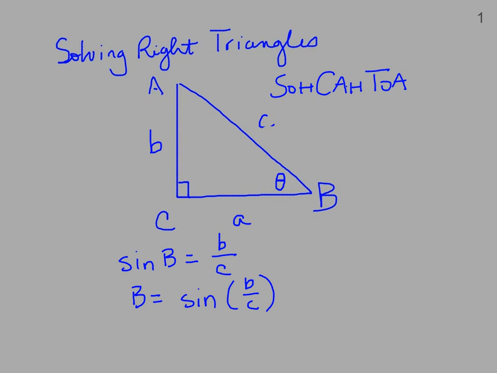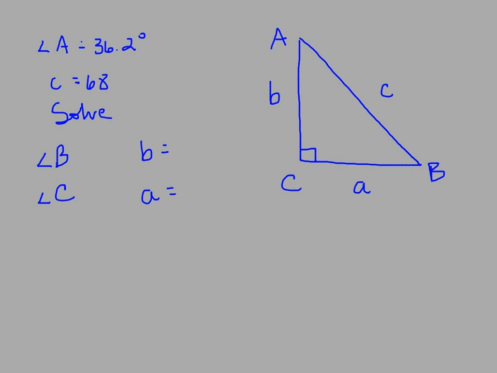So let's use this right now to help us to solve a problem. Now I have this triangle ready for you. If you notice, the same letters are opposite. C is always the right angle and always the hypotenuse. So, theta is never angle C. So angle A is 36.2 degrees.